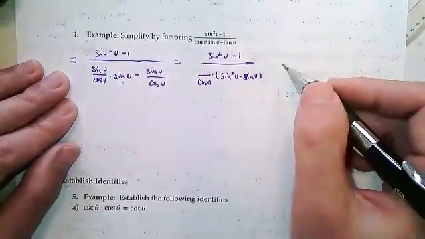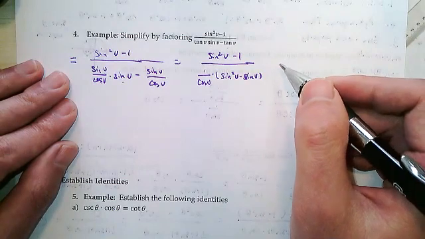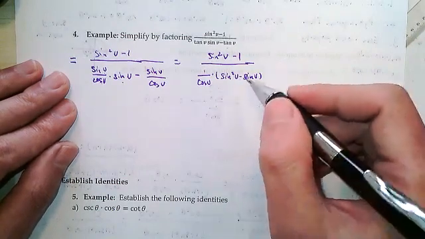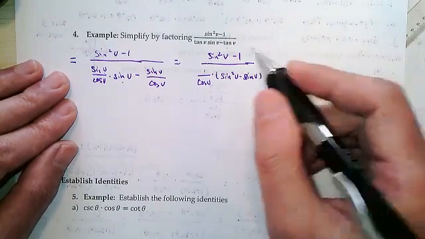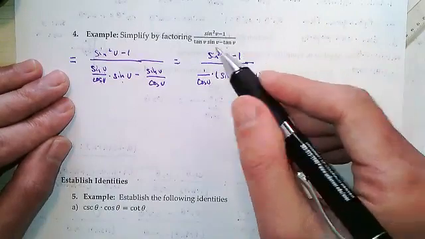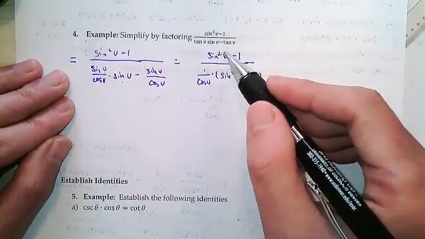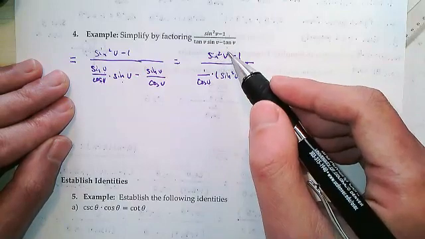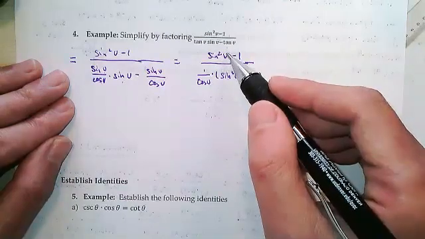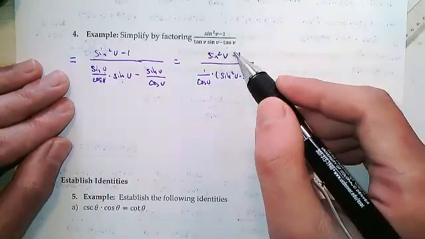What can we do from here? Well, there are many ways you can go from here. Let me tell you what I would do. I see something similar in the Pythagorean theorem. In the Pythagorean theorem, we have 1 minus sine squared equal to cosine squared. Here is sine squared minus 1.